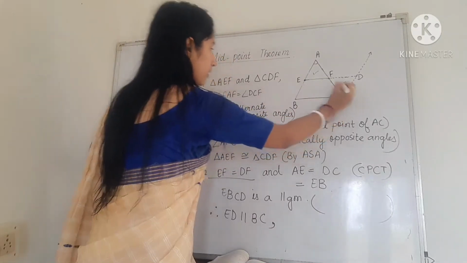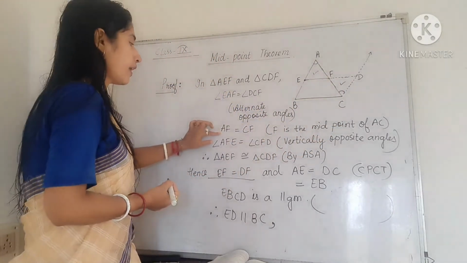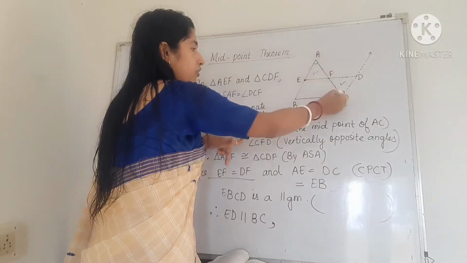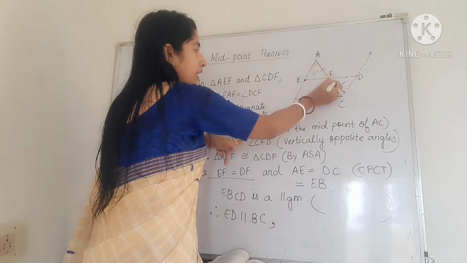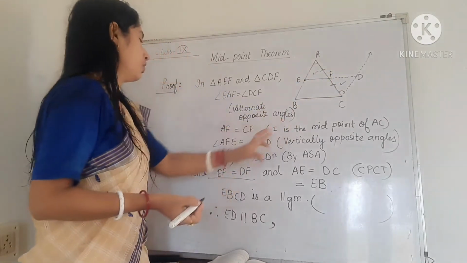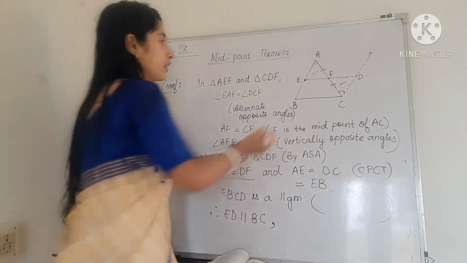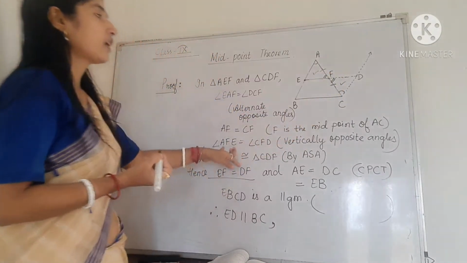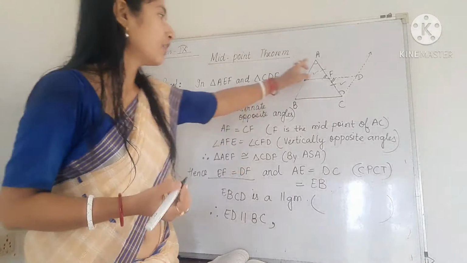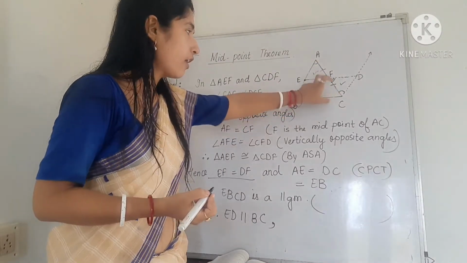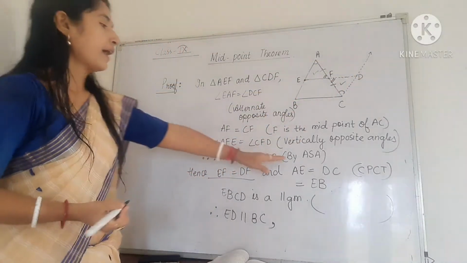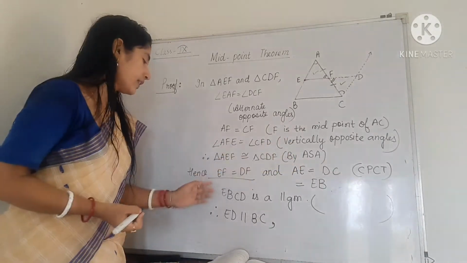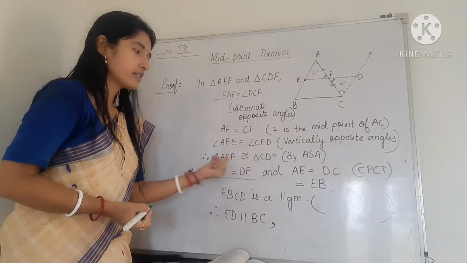The next one is AF equal to CF, because it is given that F is the midpoint of AC. Next is angle AFE equal to angle CFD, as they are vertically opposite angles. So by angle side angle congruence, the two triangles are congruent.